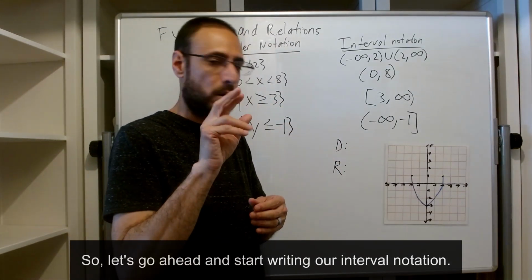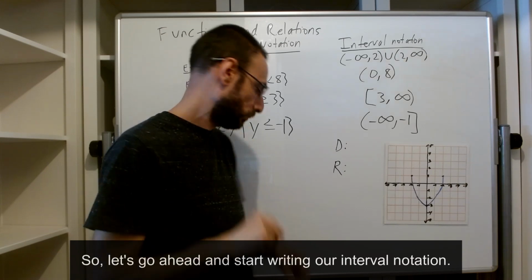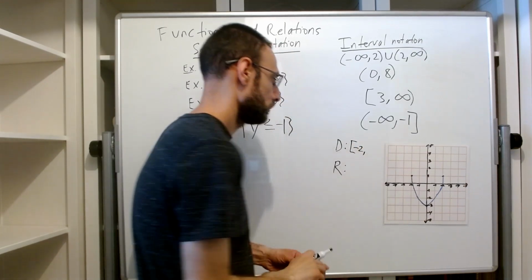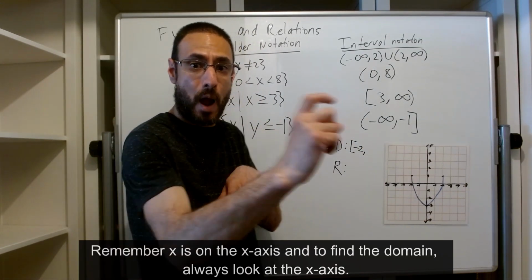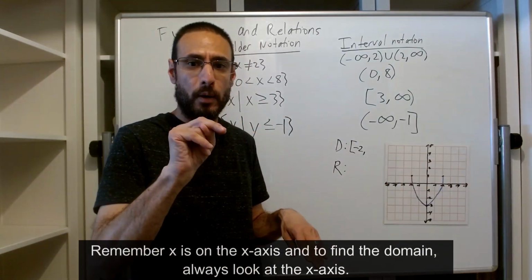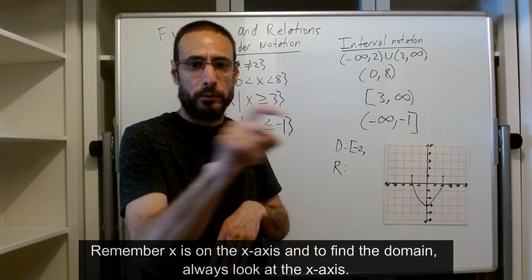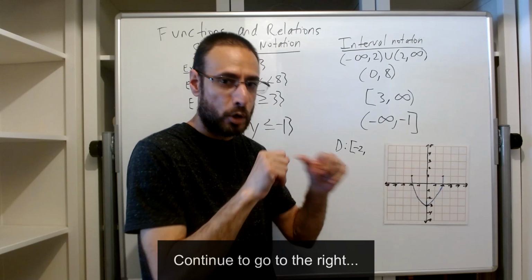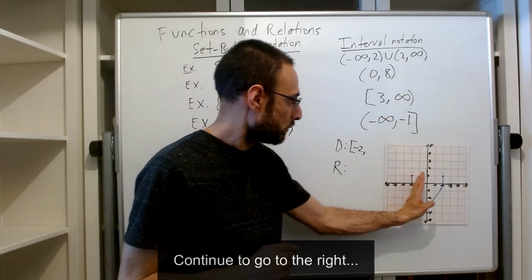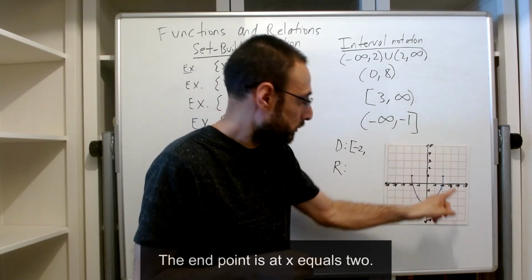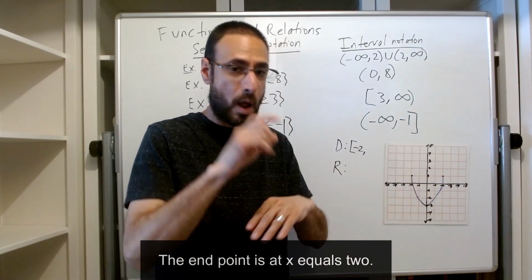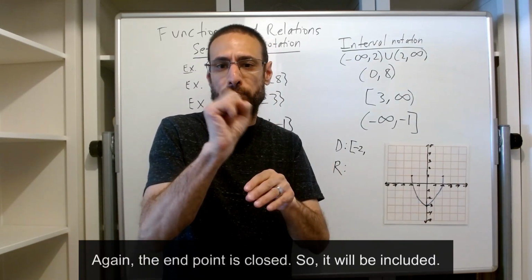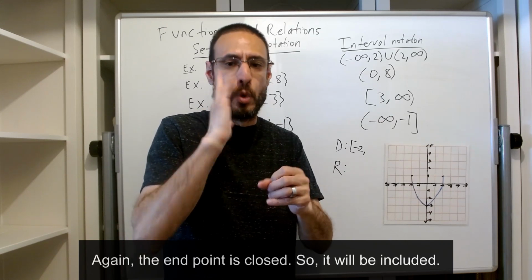Let's go ahead and start writing our interval notation. Remember x is on the x-axis, and to find the domain, always look at the x-axis, because all of your x values are there. Continue to go to the right. The endpoint is at x equals 2. Again, the endpoint is closed. So, it will be included.